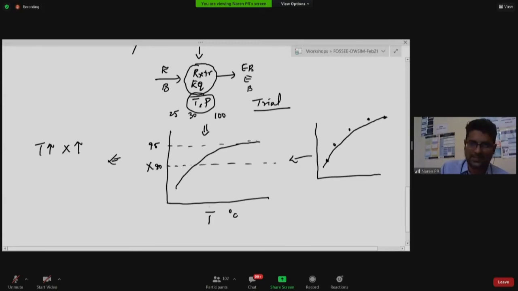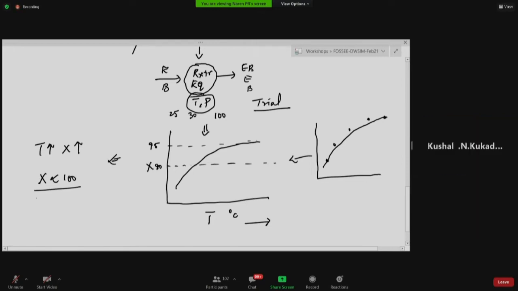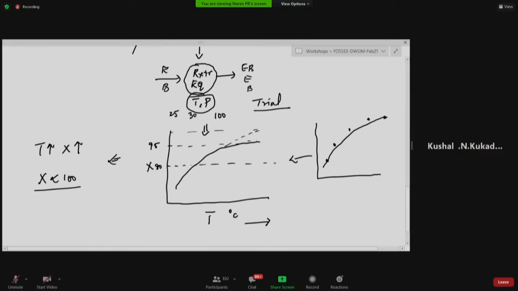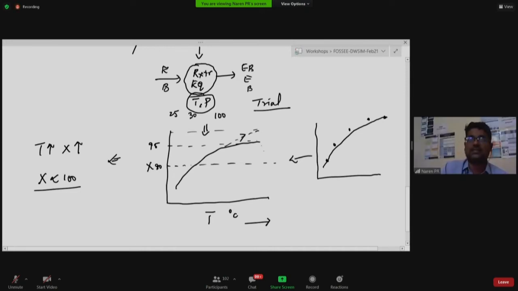Correct? As you increase the temperature, the conversion is also increasing. And the conversion is always less than 100, in this case. Yes, sir. It is not touching 100, right? 100 is somewhere here. It's not going to take infinity to reach 100, sir. We do not know, because you tested only till this.